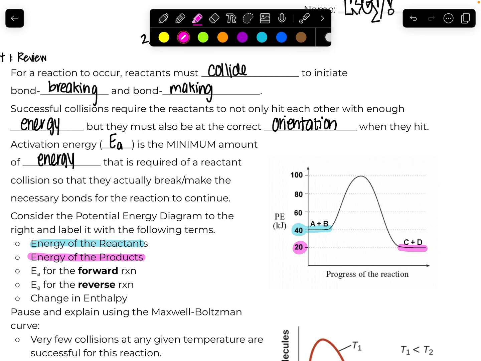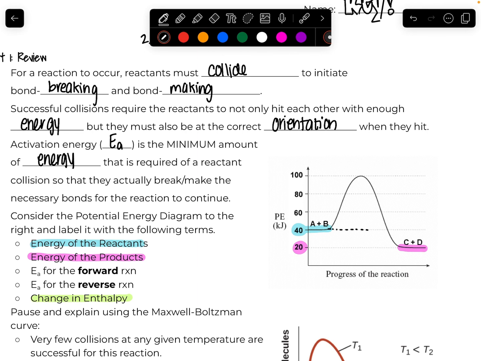So after our reaction happened, C and D, our products, are going to have lower potential energy than the reactant particles did. So stop and think about what you know about thermodynamics that we've looked at before. Is this reaction exo or endothermic in the forward direction? Is that favorable or unfavorable? One thing that's going to help us label that is our change in enthalpy, our bond energy, right?